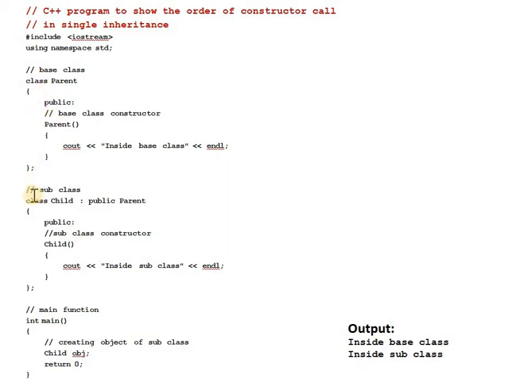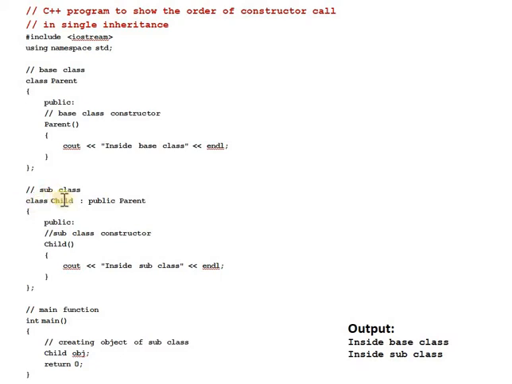Then this is single inheritance. Here is one subclass, because in single inheritance there is only one base class and one derived class. That subclass name is child, which inherits the parent class. How to derive a subclass?